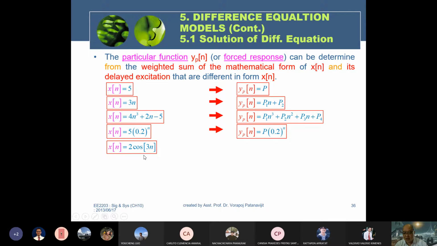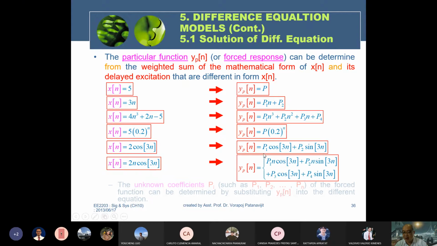If it has a cosine function, it will be in terms of cosine and sine. Such that if the input is 2 cos 3n, the particular solution will be in cos 3n and sin 3n with different constants. Now if we have n cos 3n, the form will be a little more complicated.